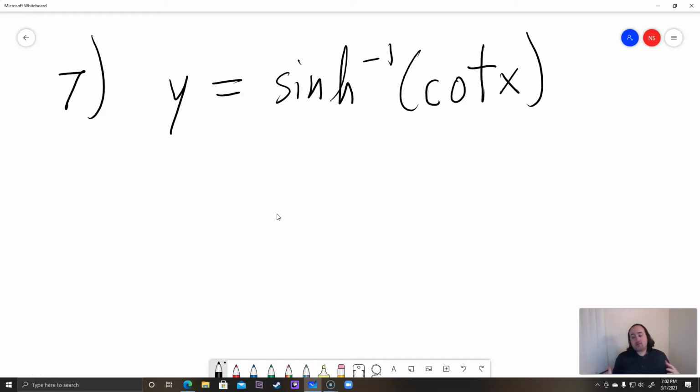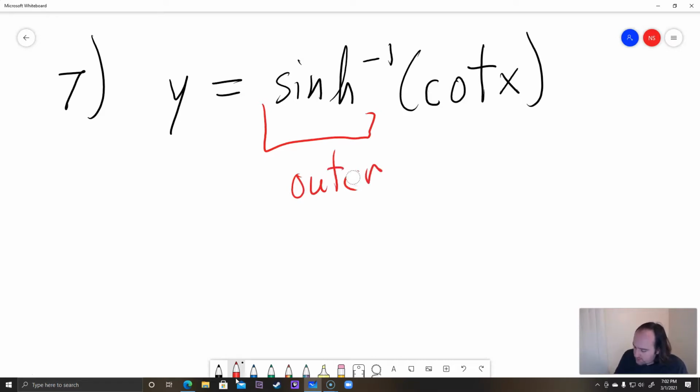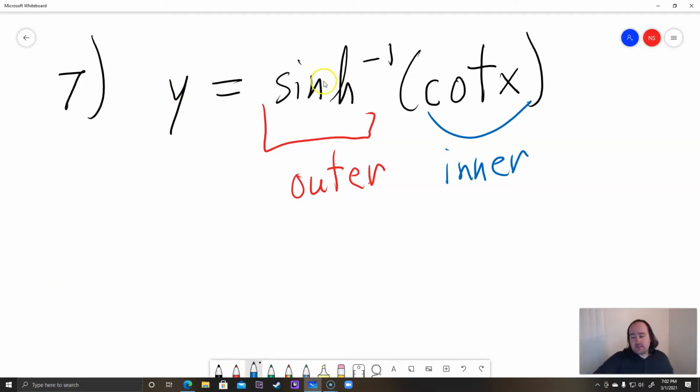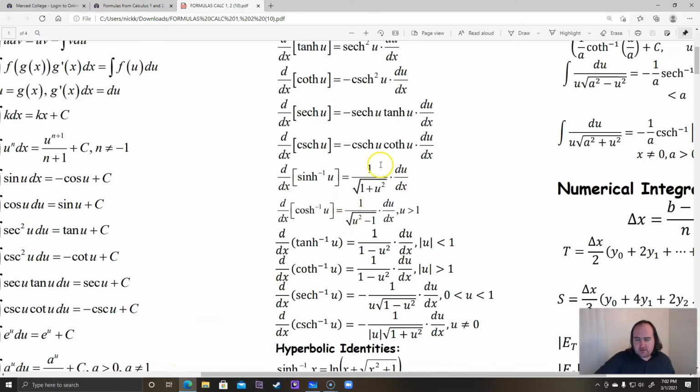All right, so when you're doing this, Cinch inverse is the outer function and cotangent of x is the inner function. So we're going to take the derivative of the outer function, inner left alone, times the derivative of the inner function. Okay, so what is the derivative of Cinch inverse? Well, the derivative of Cinch inverse is 1 over the square root of 1 plus u squared times du dx.